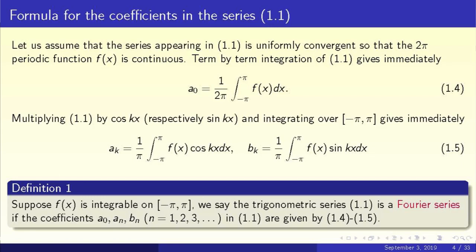Again, look at the series 1.1. f(x) equal to a0 plus the summation n from 1 to infinity of a_n cos nx plus b_n sin nx. Multiply by cos kx and then perform the integration from -π to π. Again, term by term integration is valid because we assume uniform convergence, and we are going to get the integral from -π to π of f(x) cos kx dx from the left hand side.